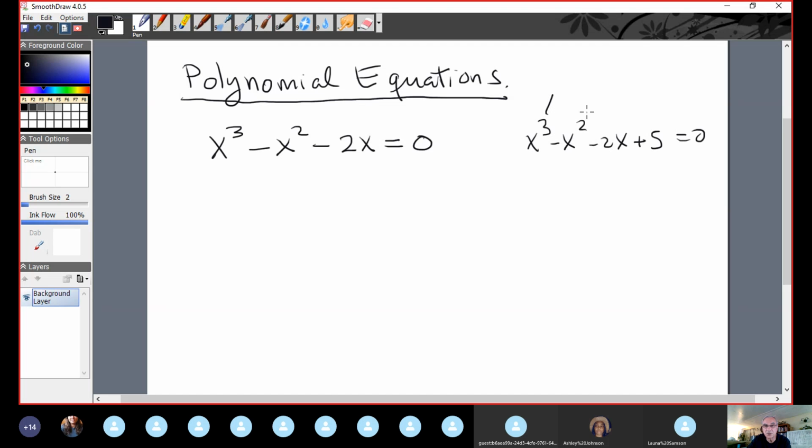This is degree 3, degree 2, degree 1, which is an invisible 1, and degree 0, which is x to the 0, and you know that x to the 0 is equal to 1 by definition. But in the first example, we have no degree 0. It's okay, it's not always complete, maybe one term is missing in the polynomial. But the thing is, if you understand very well, you will be able to recognize polynomial equations.